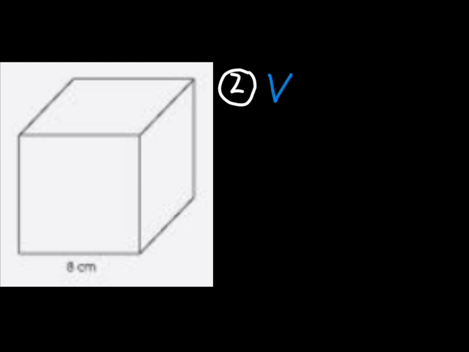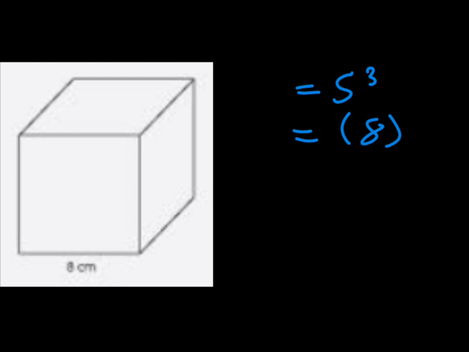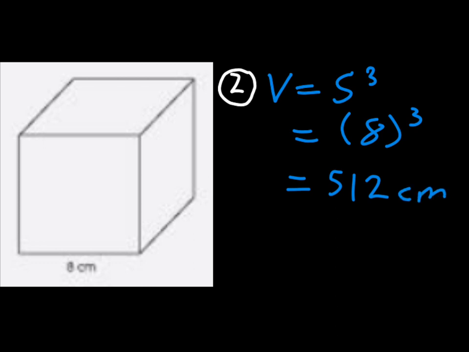So we know that the formula is s cubed, and s, we are told, is 8. And we can use a calculator to determine what 8 cubed is, and this should give us 512. Now once again, we were working in centimeters, and we need to remember that since we are trying to find volume, it will be centimeters cubed.